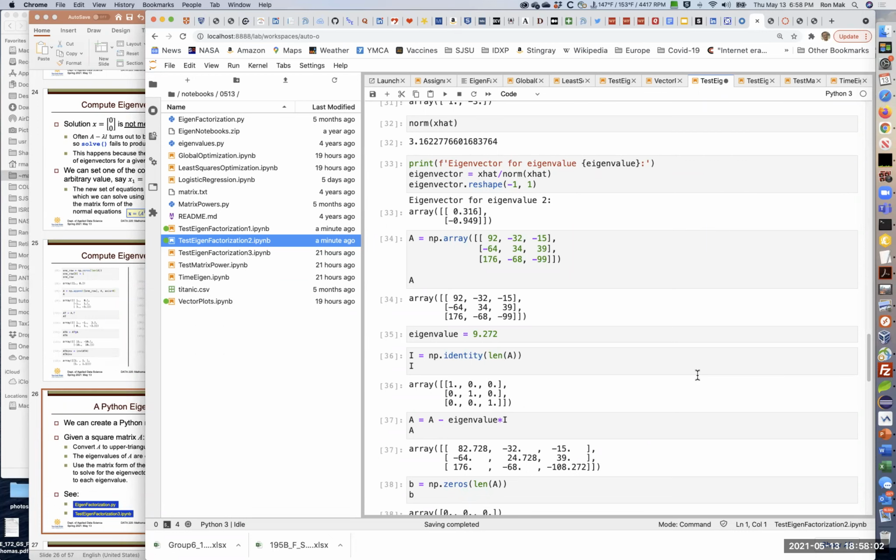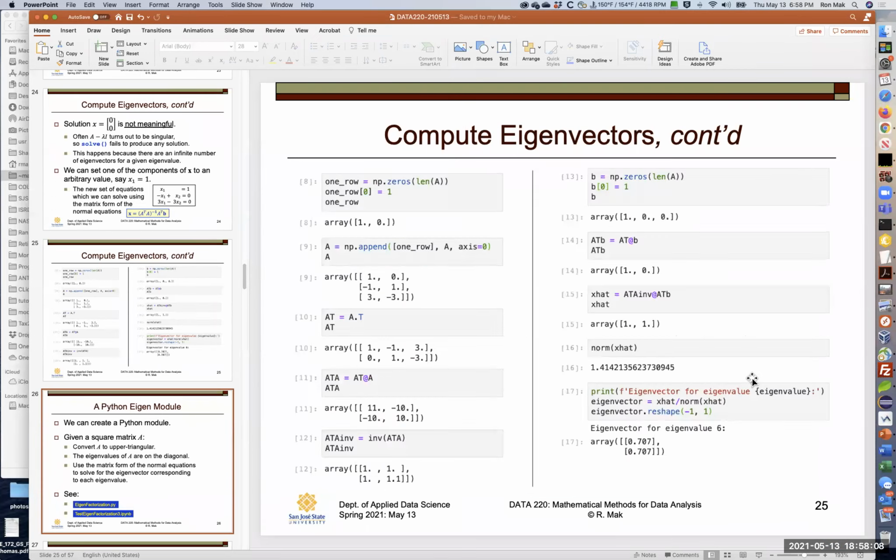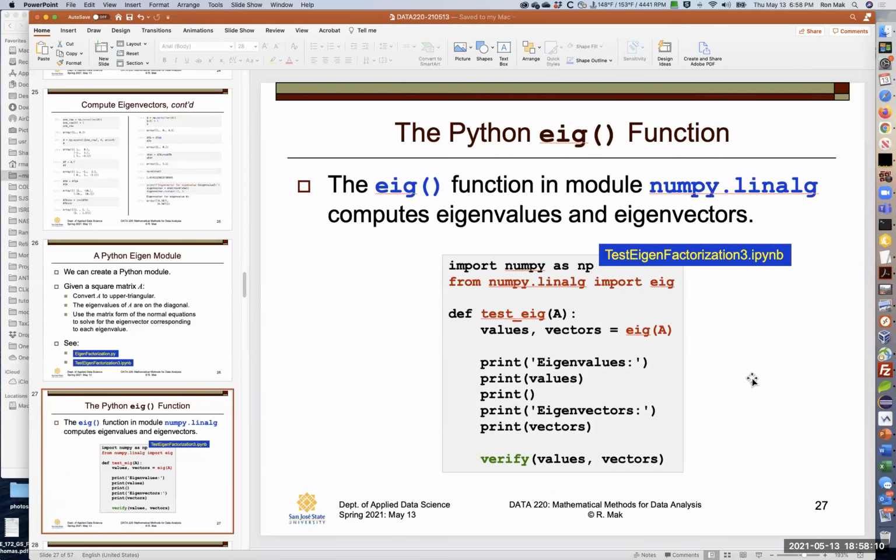Now, after showing you all this work we had to do, of course, I'm going to say that there is a Python function that does all the work, and it's the EIG function. Basically you give it a square matrix, and you call EIG, and it returns the eigenvalues and eigenvectors, just like that.